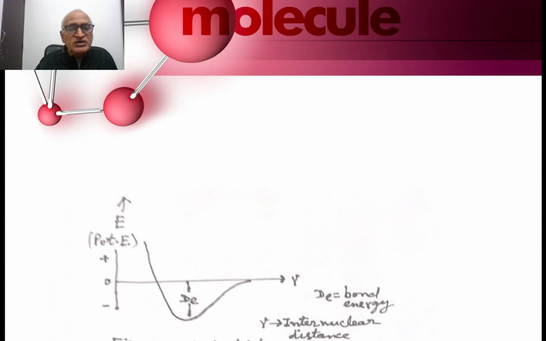If you bring the atoms closer still, the energy rises due to repulsion between their electronic clouds. Here dE refers to the bond strength, R is the bond axis, and the zero point axis of energy is shown. Up, energy is rising; down, energy is decreasing.